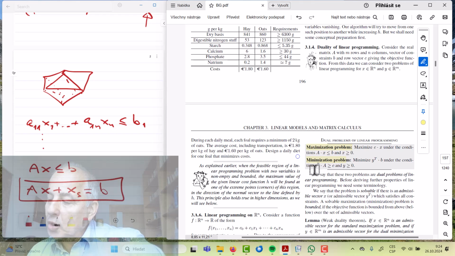And so I take an unknown vector y transposed. Of course, the number of components in y is the number of equations in the original problem now, right? Because it's just multiplying the same matrix A but from the left with a row. And we want to have it bigger than, and now instead of the right hand side b, we here have the coefficients from the linear form, right?